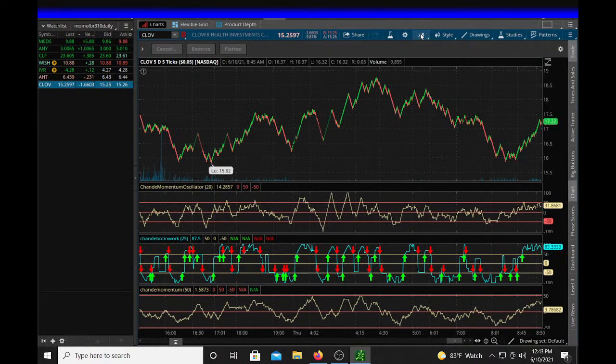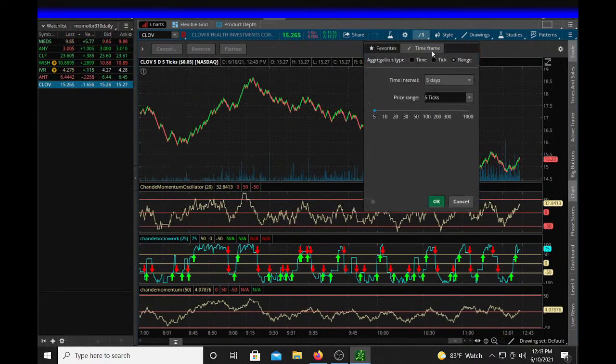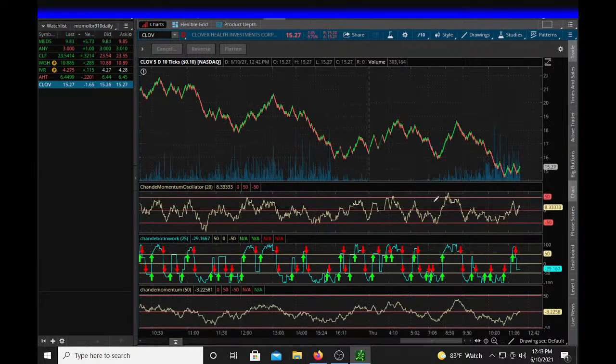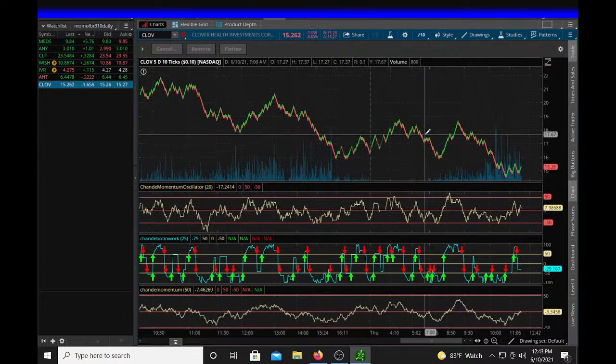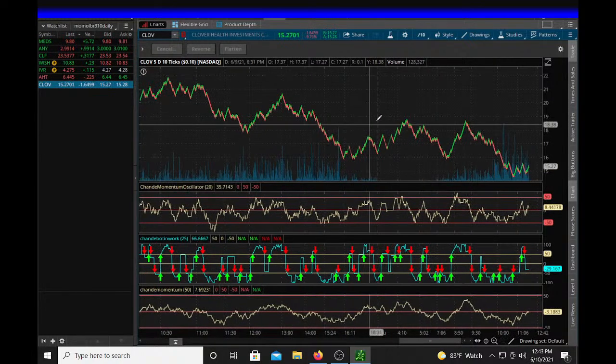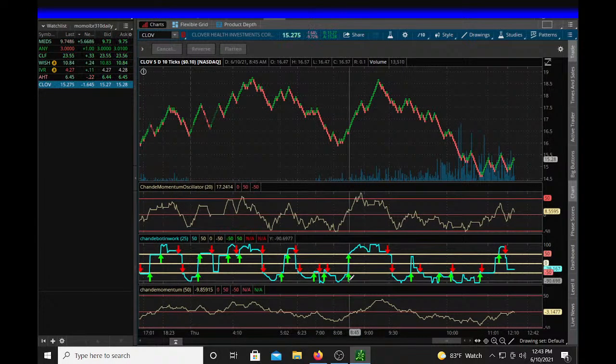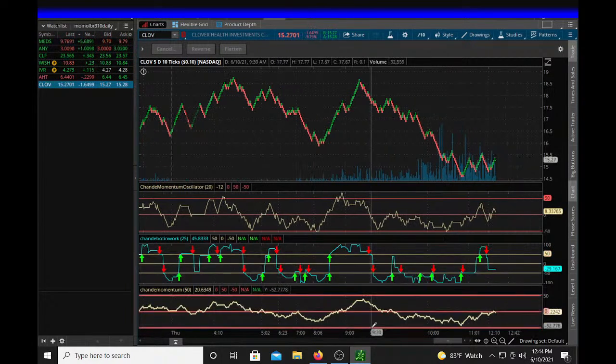All right, and we won't do 5 tick. We'll change this up to 10. Okay. And we need to break above 0 before we can get bullish behavior.